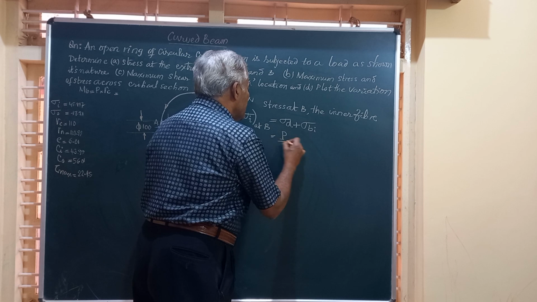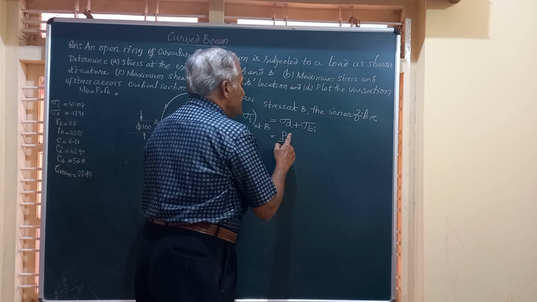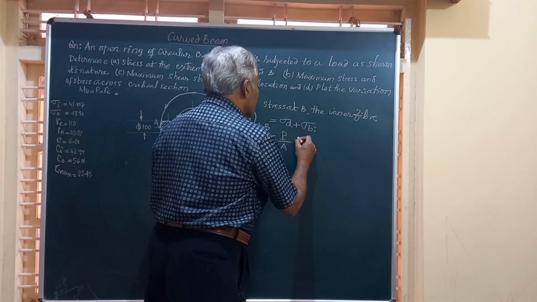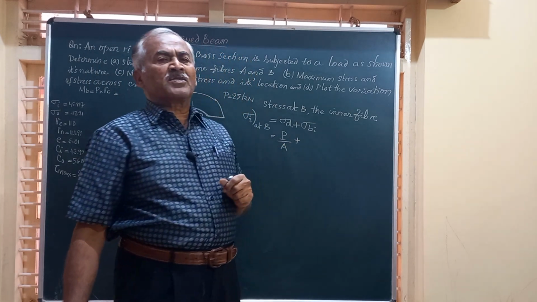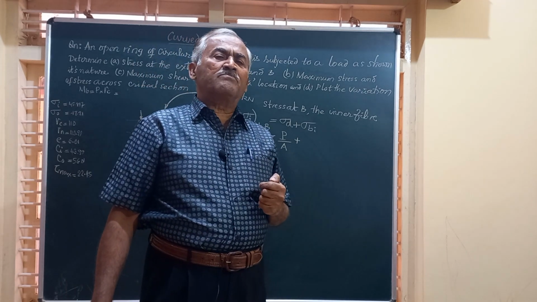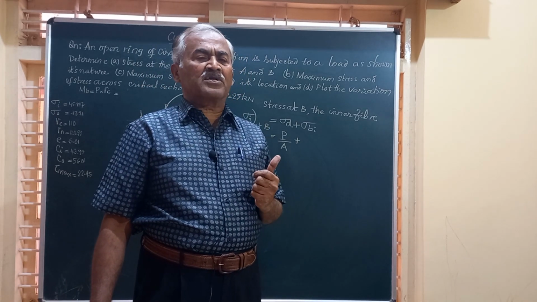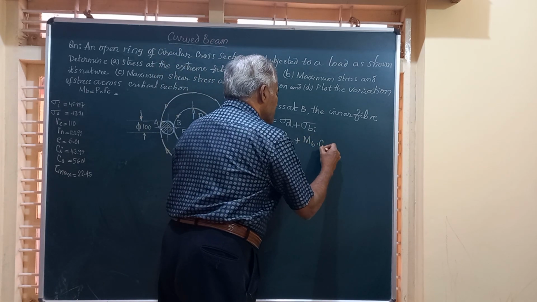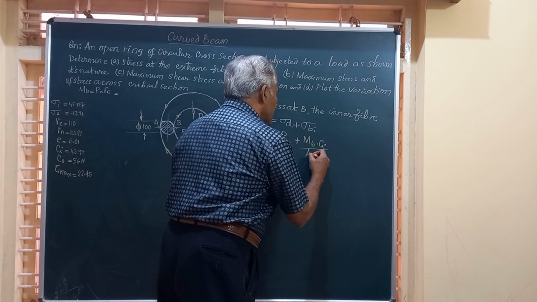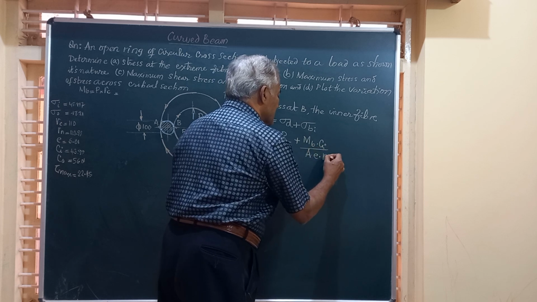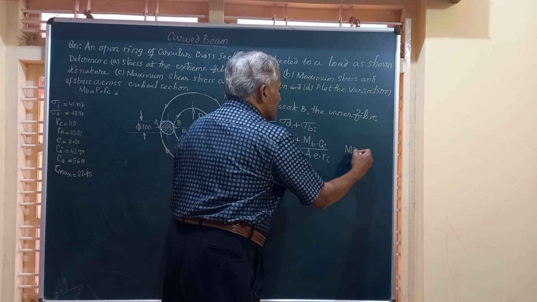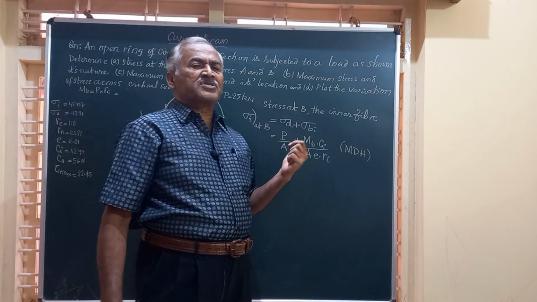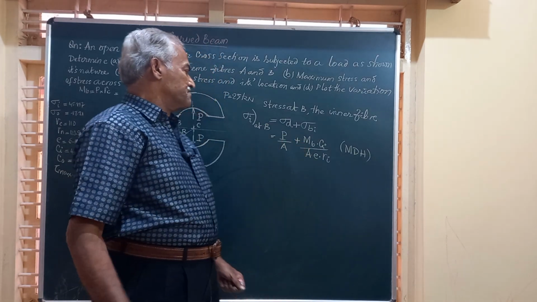So I will say P divided by A. P is the load, capital A is the area of cross section, plus sigma Bi, that is the bending stress at the inner fiber, is given by the formula MB into Ci divided by A E Ri. This is the formula which is available in the machine design data handbook in this chapter, curved beams.